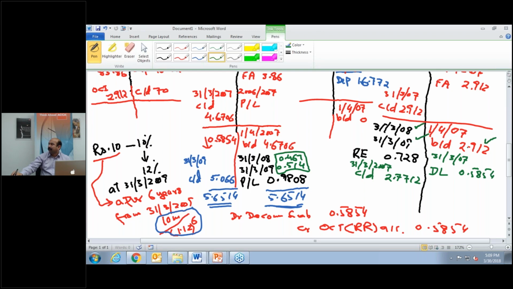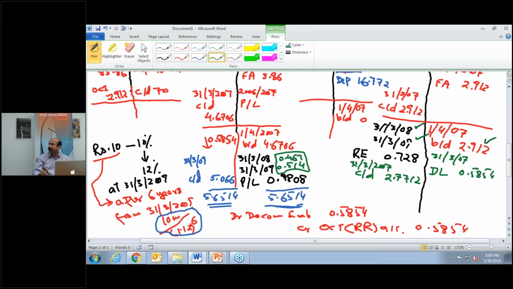For example, if you just calculate separately, like 2.912 is the revaluation reserve. What is the remaining life from 1st April 2007? 8, 9, 10, 11, meaning 8 years are the remaining life. So you will be dividing it by 8.